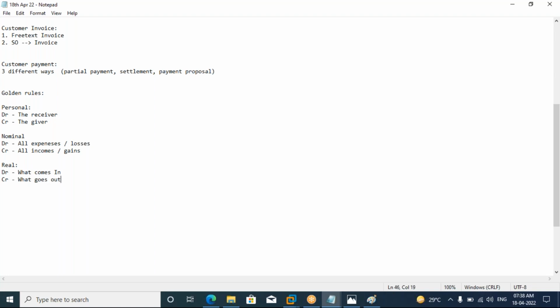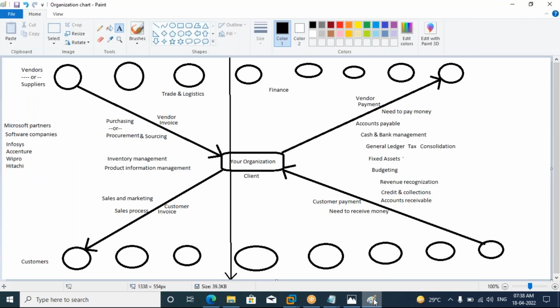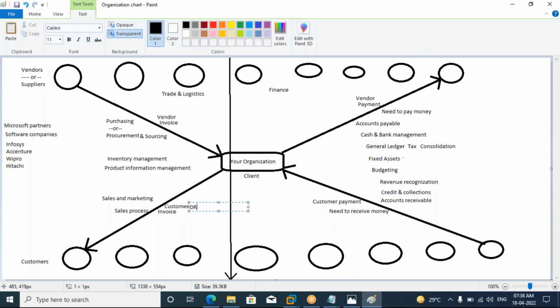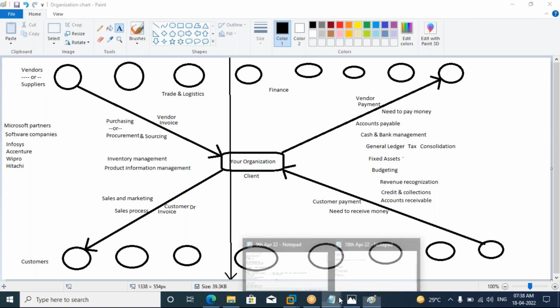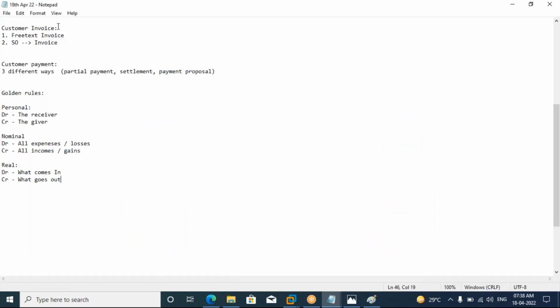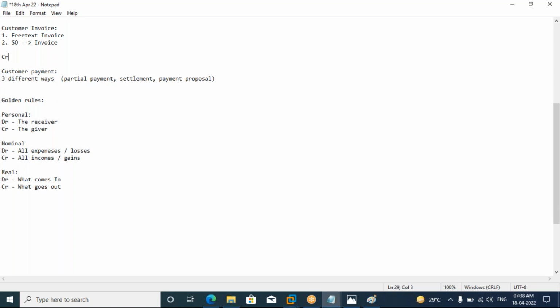Okay, fine. So how to apply this? Look at this one. The receiver is he who is receiving material, the customer. So while doing customer invoice, debit the receiver means the customer will be debited.